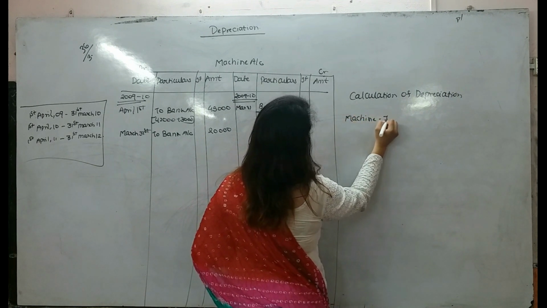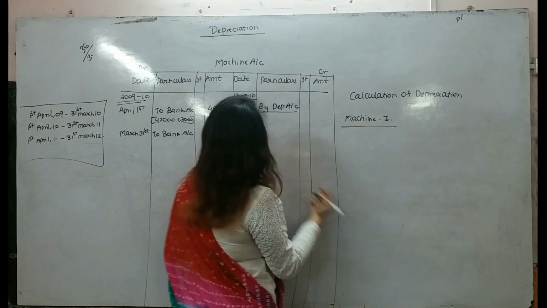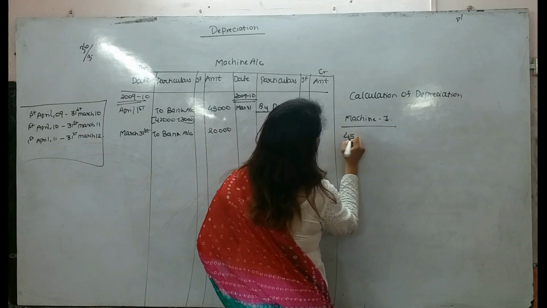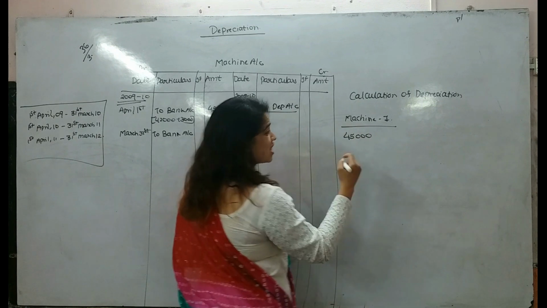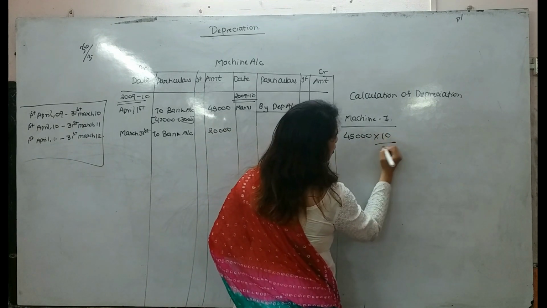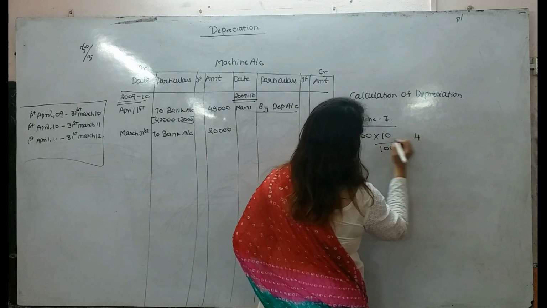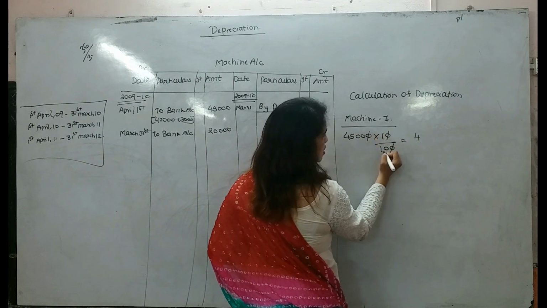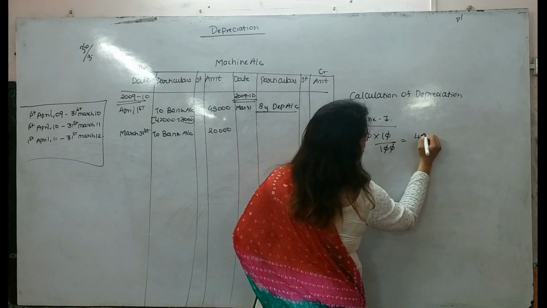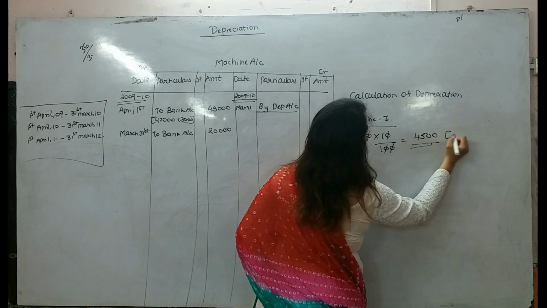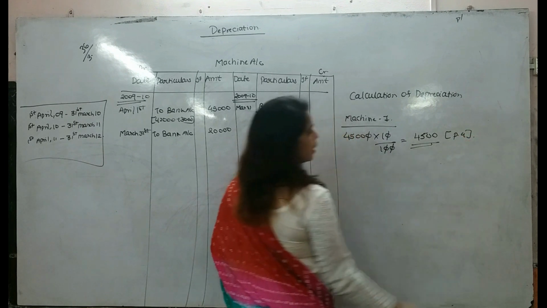Machine 1. What is the value? 45,000. What is the rate of depreciation? 10%. So this 0 will get cancelled, this 0 will get cancelled. Depreciation will be 4,500 per annum.